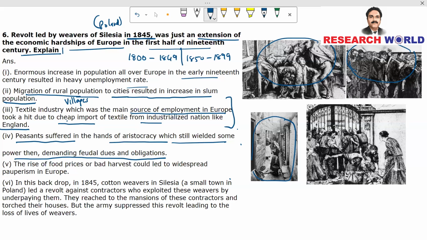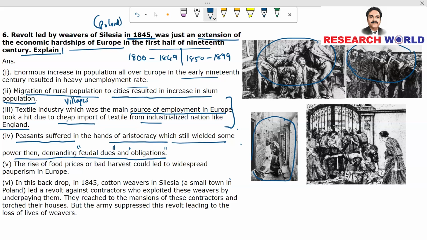Aristocracy, even in the 1850s, still wielded some power, and they kept on demanding feudal dues, money that should be paid to them by these poor peasants, and obligations, the work which has to be done in their estate without any money. So they kept demanding. As a result, peasants suffered.